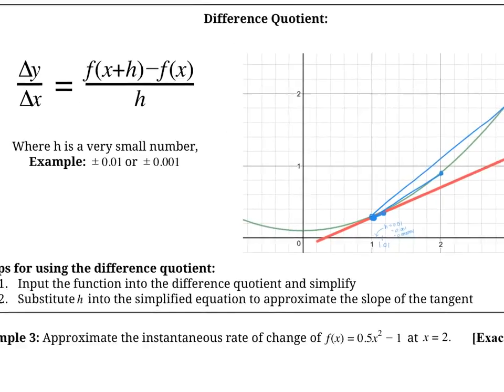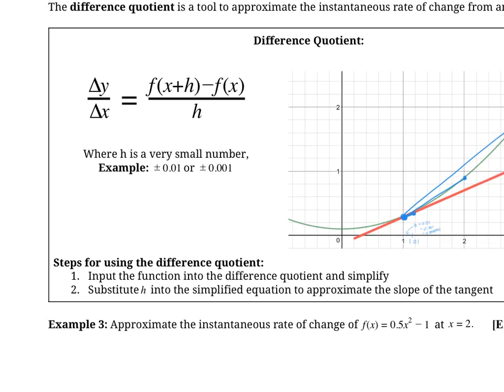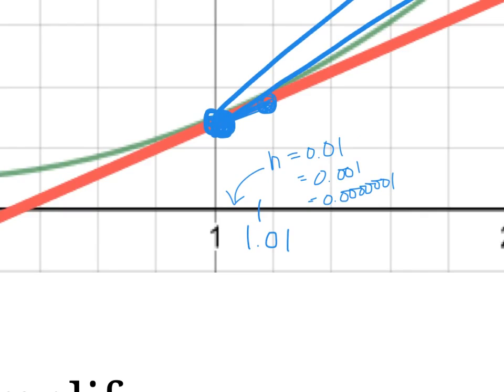So the equation we use to do this is basically the same thing as before, finding the average rate of change between 2 points. So it's still delta y over delta x, the change in y over change in x. And the change in x, that's the easy part, right? Because that's just how much the x value has changed between those 2 points, which we're just calling h.